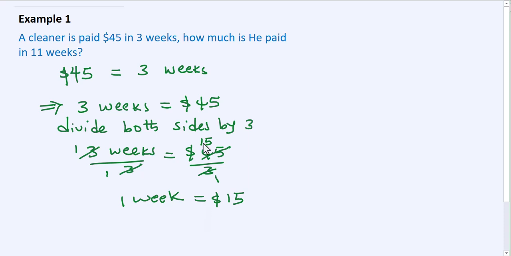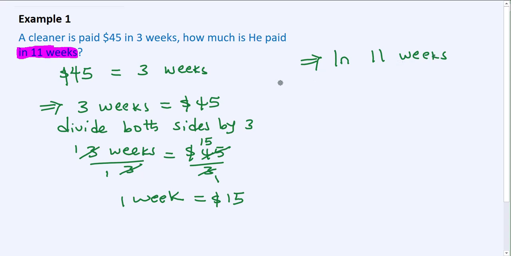And they're asking us how much he makes in 11 weeks. So this is our interest. The process says we have to divide first, then multiply, right? So let's continue from this very point. In 11 weeks, what do we have to do?